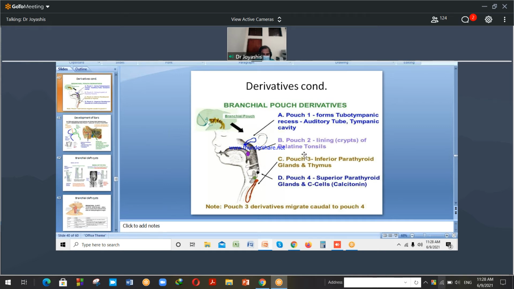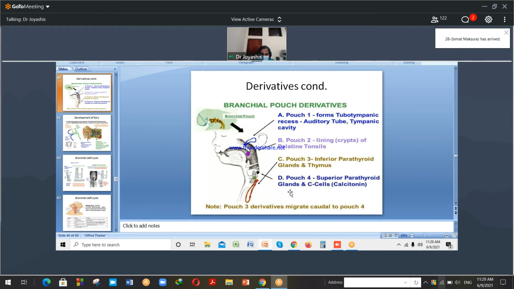The third pouch forms a bulbous portion that will have several different parts. One will become the inferior parathyroid gland, and another section is the thymus. The fourth pouch also differentiates into several different structures, including the superior parathyroid gland, which will fuse with the inferior portion.